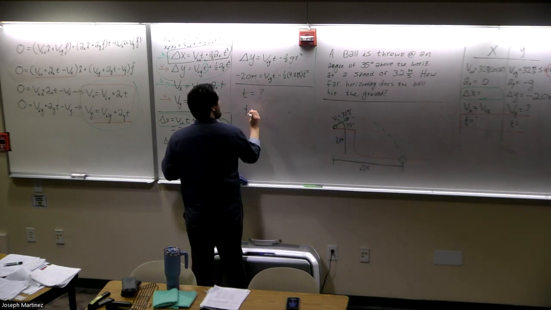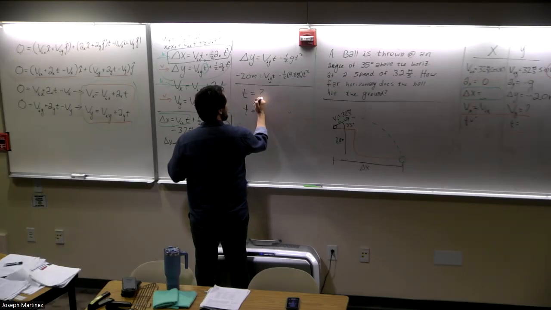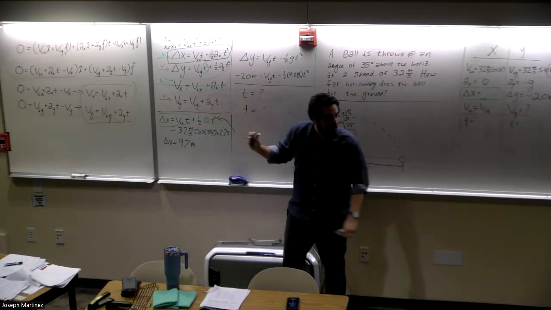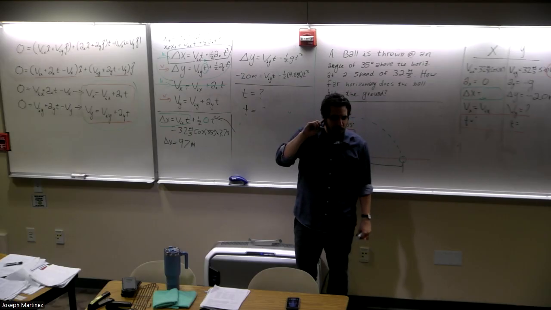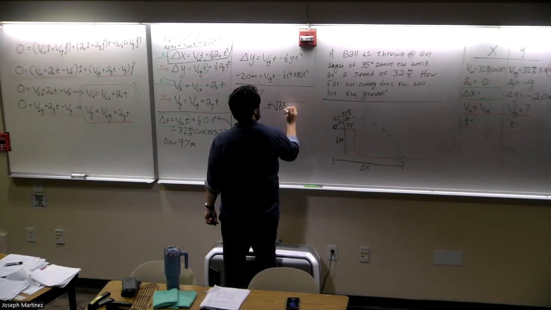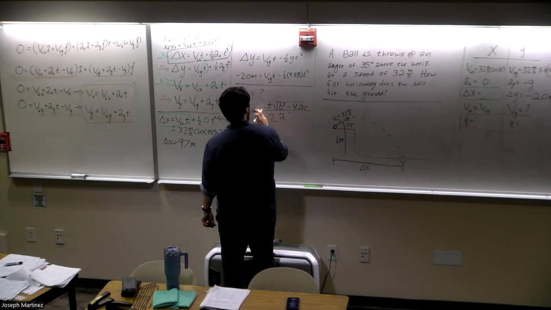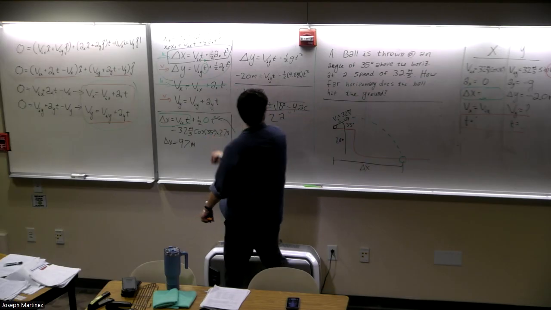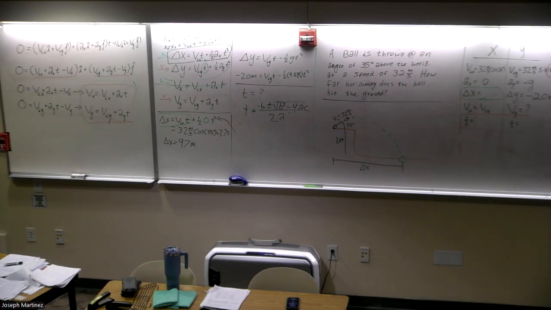Hold on, I know this. I am blanking. What's the quadratic equation? B squared minus 4ac. Thank you. All over 2a, equals negative b plus or minus the square root. All right. Something like that is your quadratic equation.